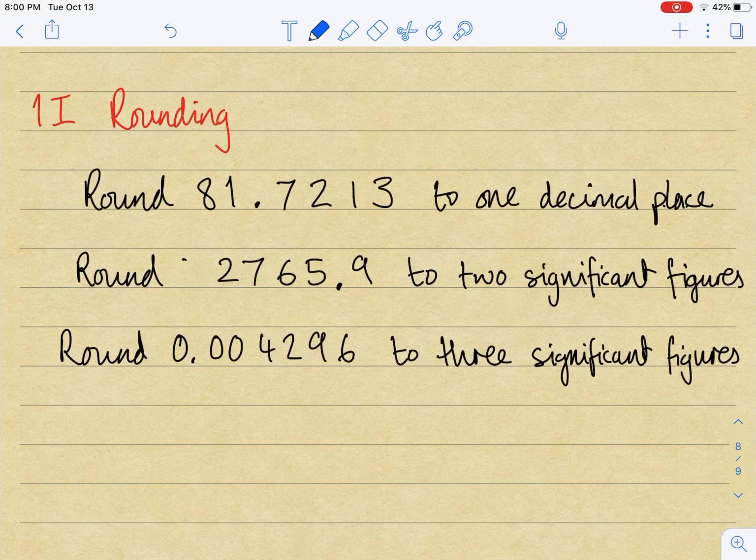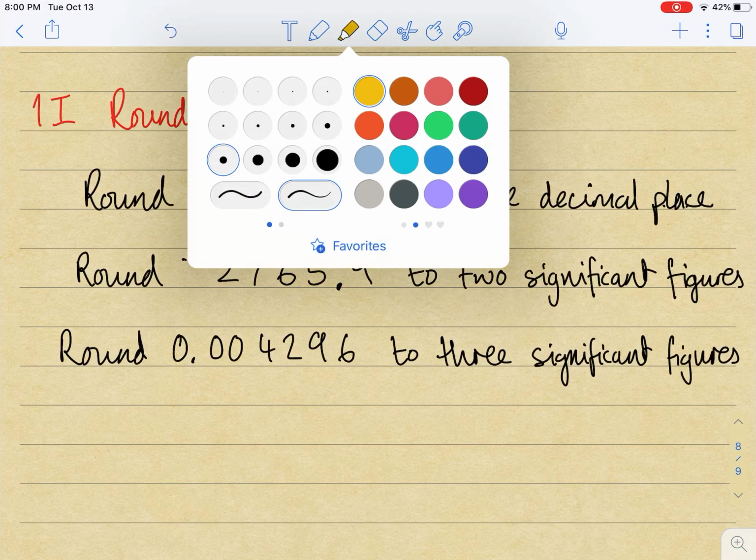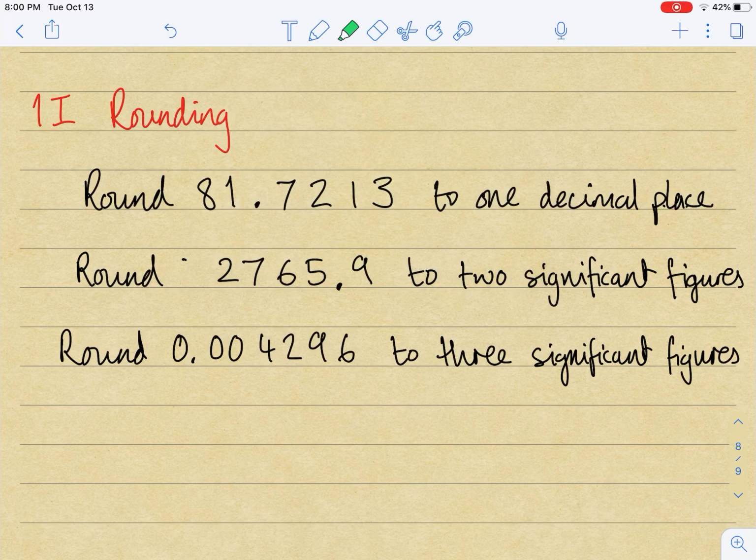Okay, last little bit, we're going to look at rounding. So a few different rounding questions here. We've got decimal place, then we've got significant figures, a couple of examples. Well, with all rounding, what we want to do is highlight up to the thing we're looking for. So here we're doing 1 decimal place. So I'm going to highlight up to that 1 decimal place. Then I look at the next digit along.